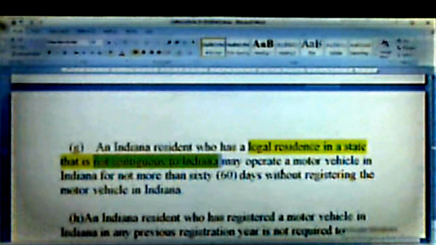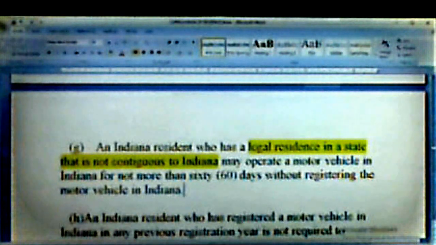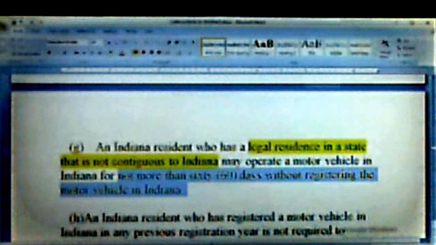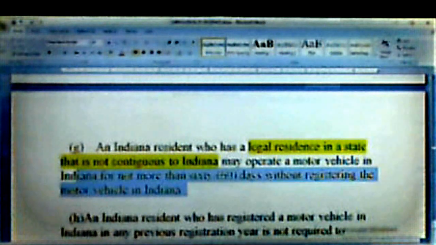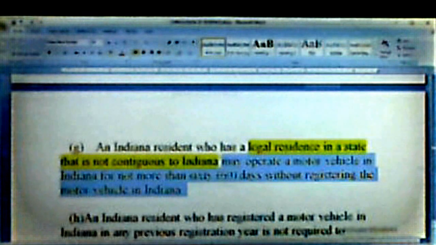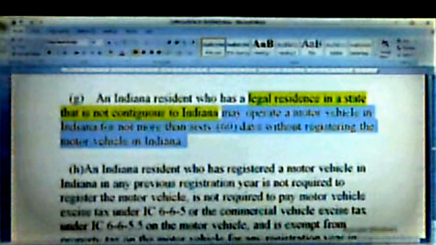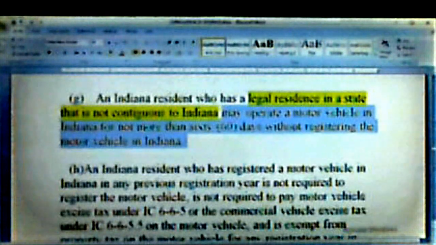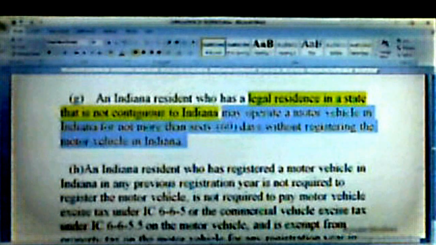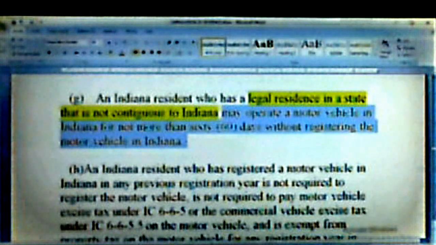May operate a motor vehicle in Indiana for not more than 60 days without registering the motor vehicle in Indiana. So look here, guys. Even if you are a resident, you still have 60 days from the time you bought it to register it. Okay? How many of these guys are they impounding their car right on the side of the road?